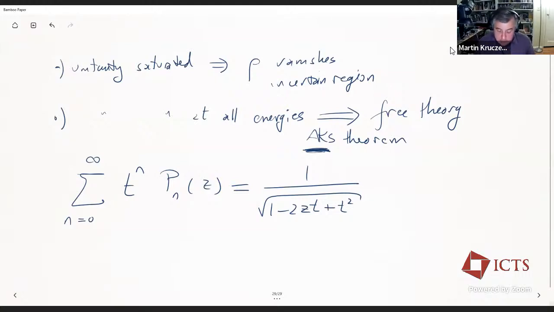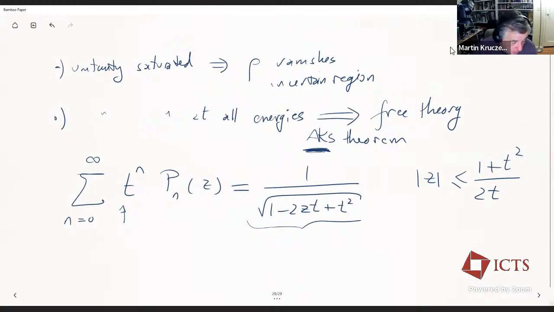This formula is a power series in t, and we know that the power series should converge up to the nearest singularity, and the nearest singularity you can find from this square root, and so you find that this series converges whenever the modulus of z is less or equal to (1 + t^2)/2t. A convenient way to write this is to write t as e^alpha, so that it becomes cosh alpha. And so I'm going to write this formula that I need.